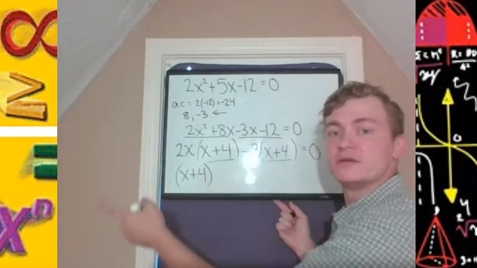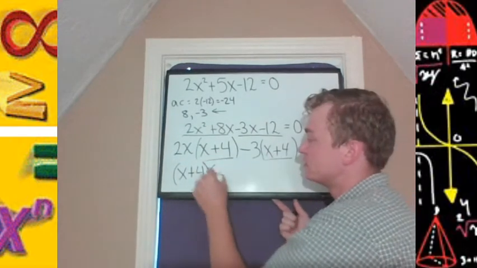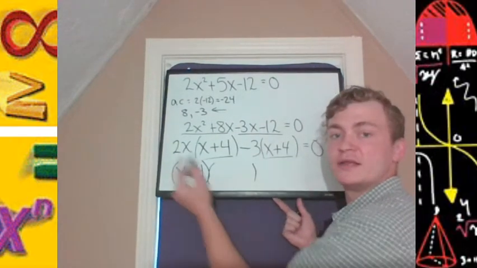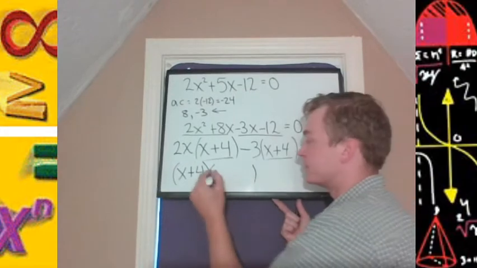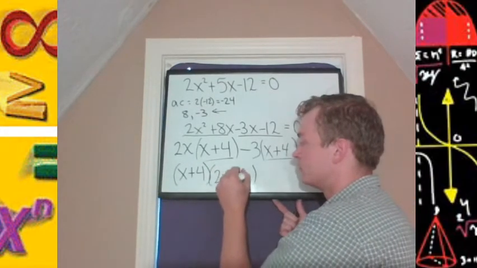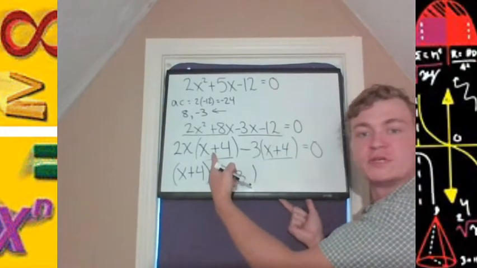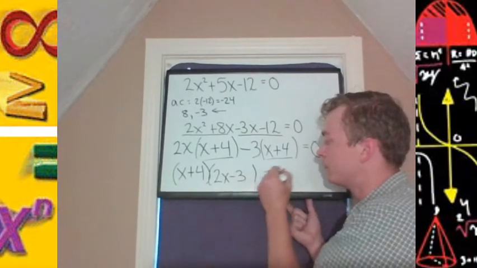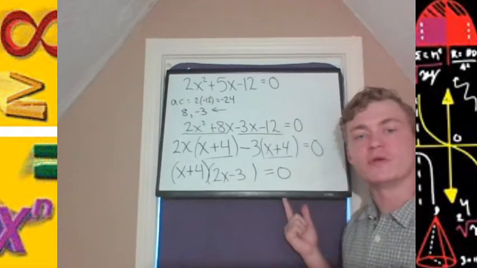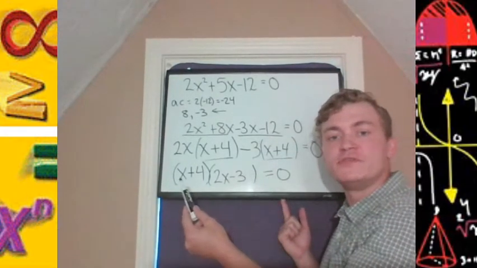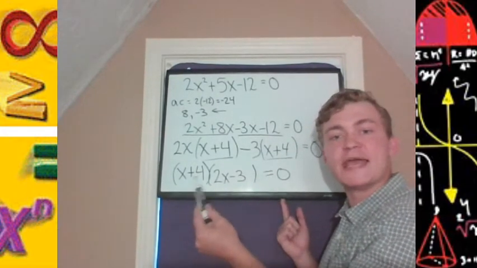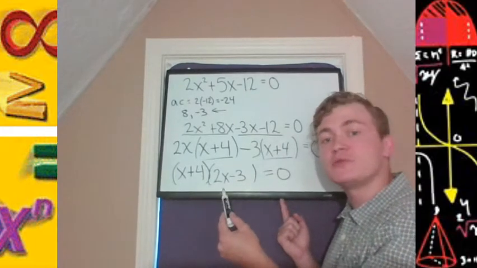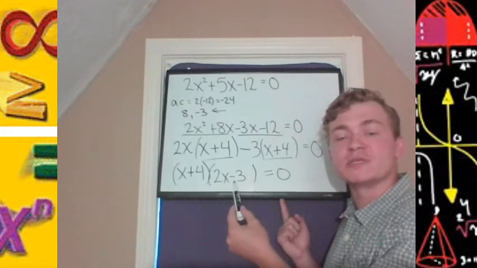When you factor, introduce parentheses, determine what you leave behind: 2x minus 3. This x plus 4 multiplied by this 2x minus 3 equals 0. So we get to familiar territory here. We have the product of two algebraic expressions. The x plus 4 expression is multiplying the 2x minus 3 expression.